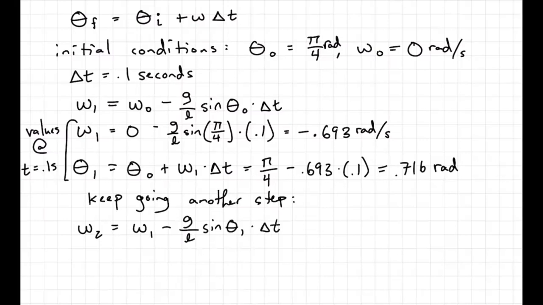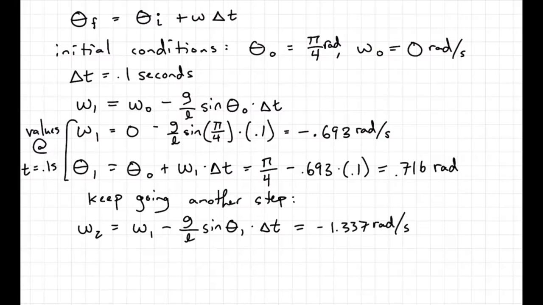So we've just updated the values based on our last time step. So now the delta t is taking us from 0.1 seconds to 0.2 seconds. So our initial values in here are the theta and omega values at 0.1 seconds. You can work that out. If you work it out, I got minus 1.337 radians per second.